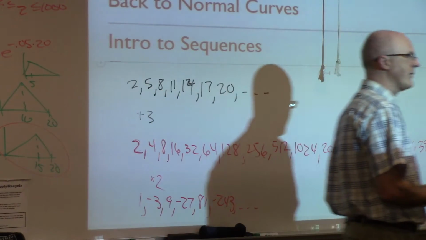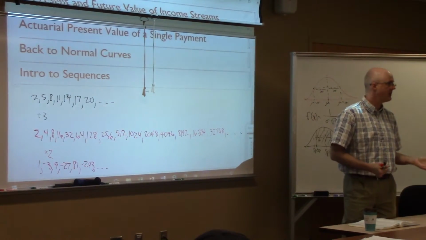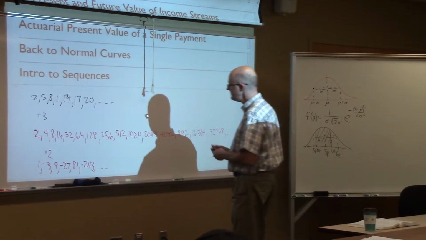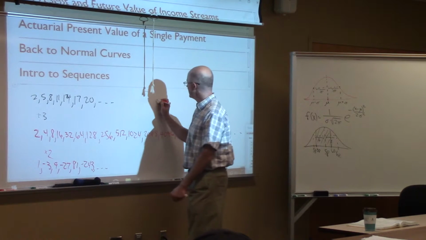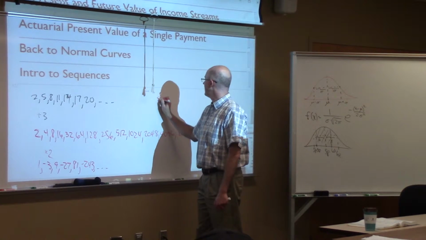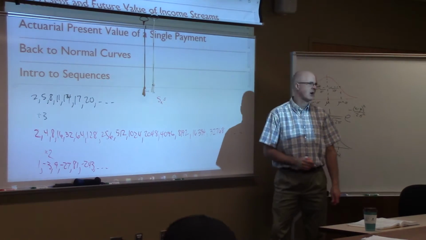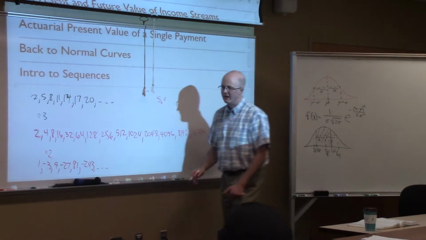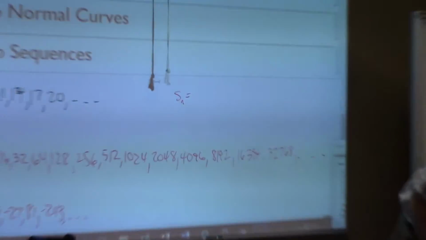To be a little bit more fancy in describing what a sequence is, sequences can have formulas, algebraic formulas. For example, could we come up with a formula for this one? I'll call it S sub n. Sometimes it's called A sub n.